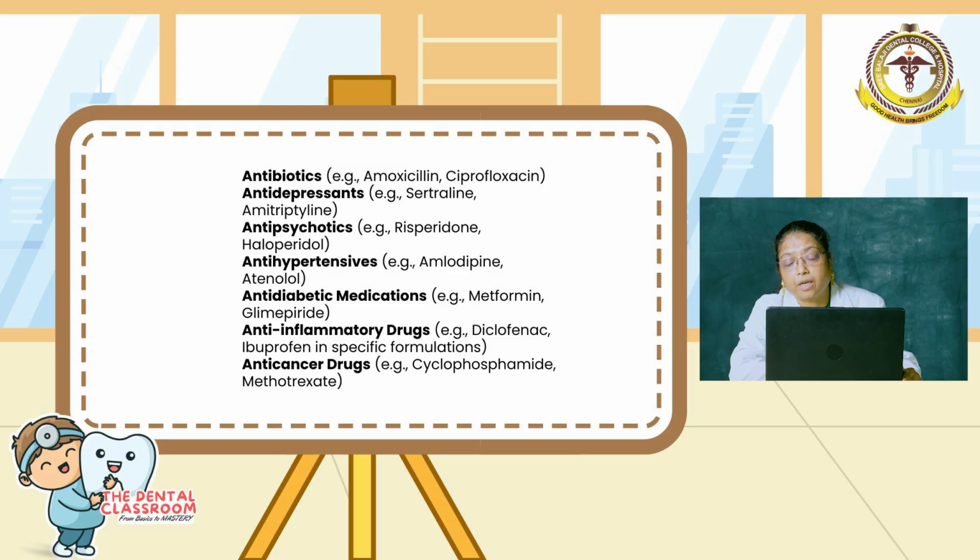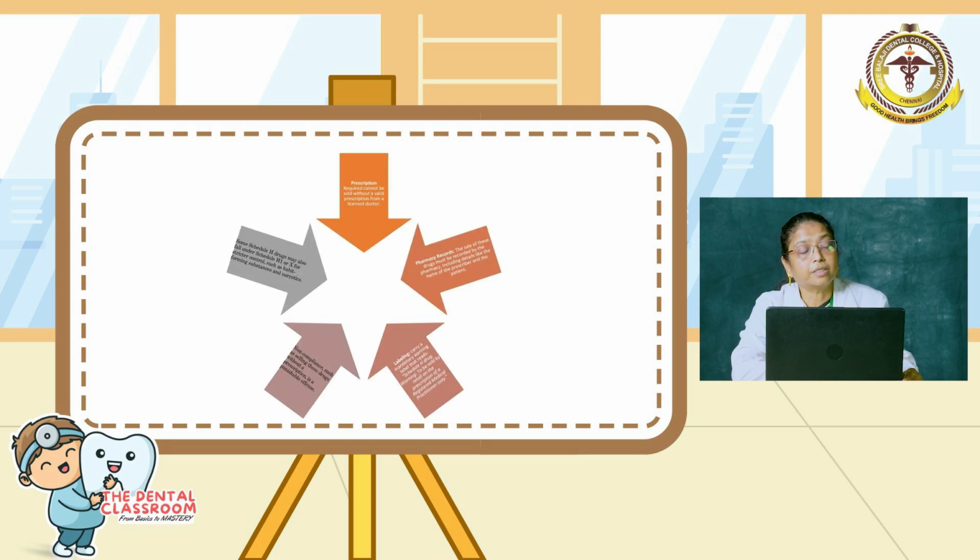Anti-diabetic medications like metformin and glimepiride are also included in this category. Coming to anti-inflammatory drugs, diclofenac, ibuprofen in specific formulations are included in this group, and anti-cancer drugs like cyclophosphamide, methotrexate are also included in this category.